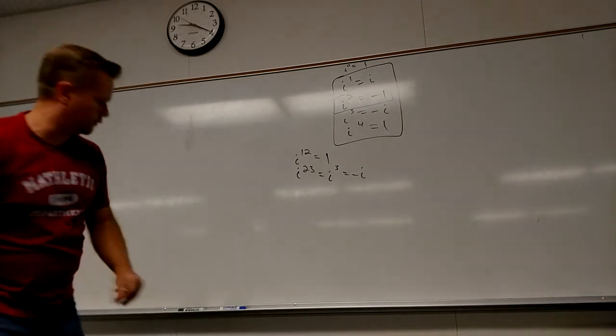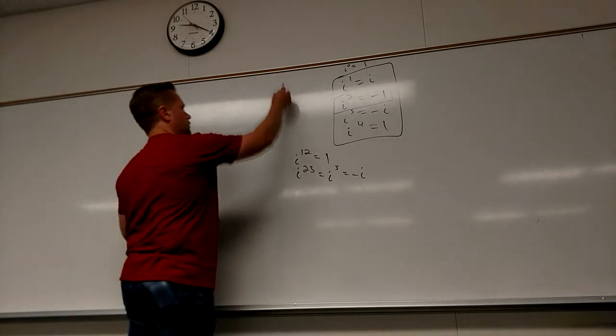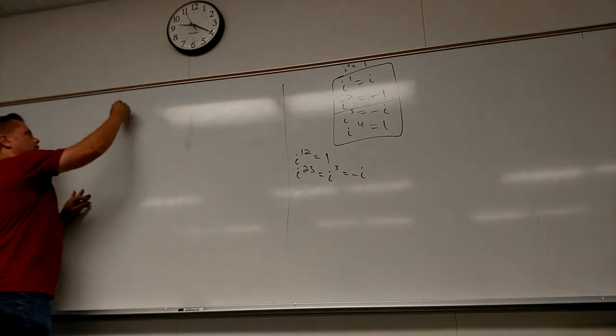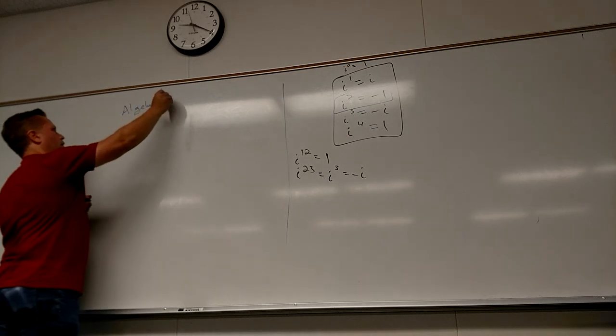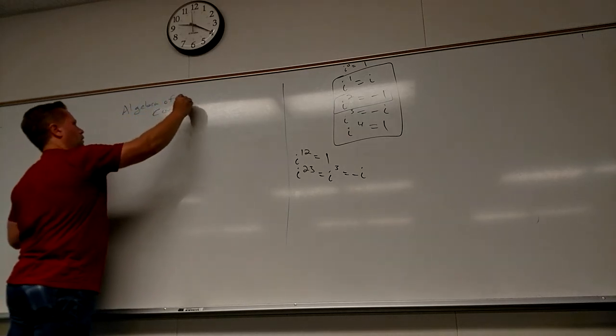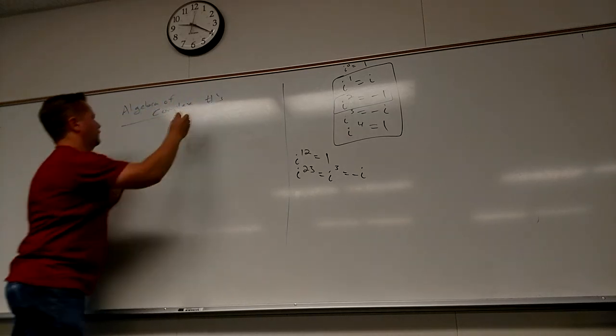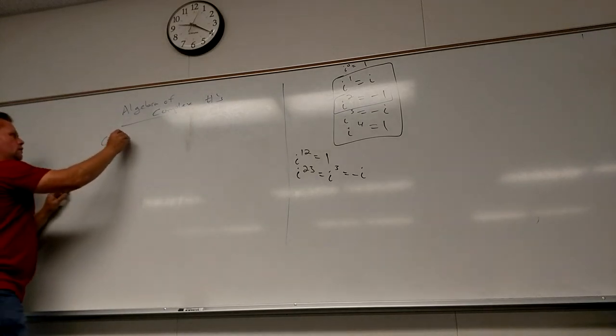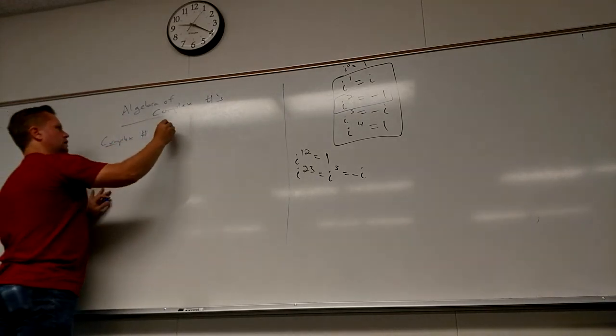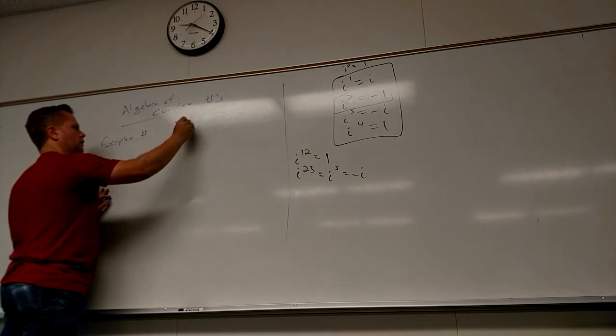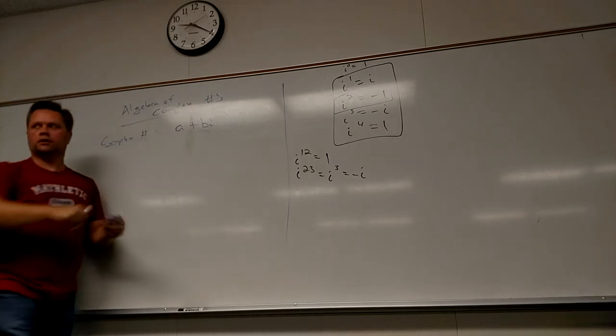So let's start off with the easier stuff to do with these. Start off with the definition of what a complex number is. A complex number is just anything that is a real number plus an imaginary part.